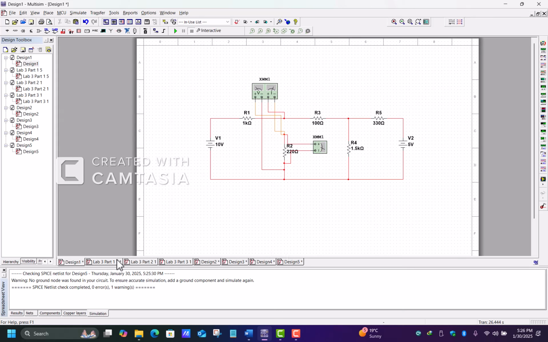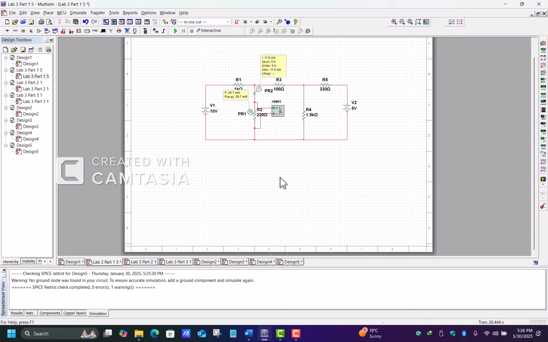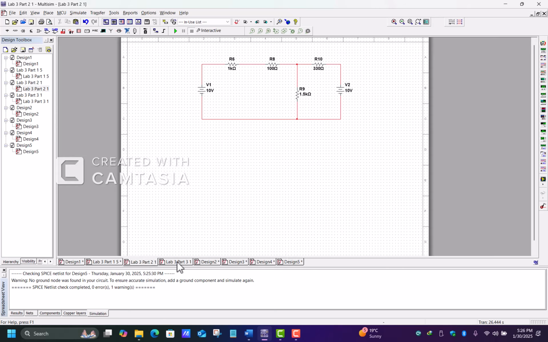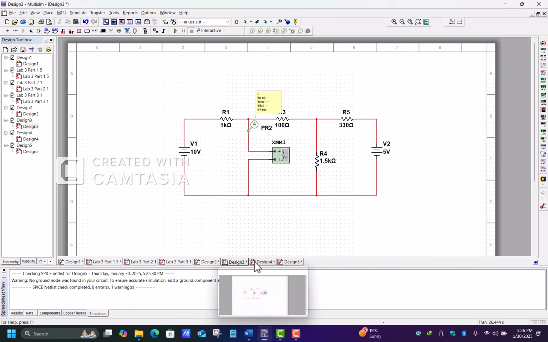Okay, this is my circuit here. Now we'll try to measure the short circuit current. So what will we do to calculate the short circuit current of this circuit?